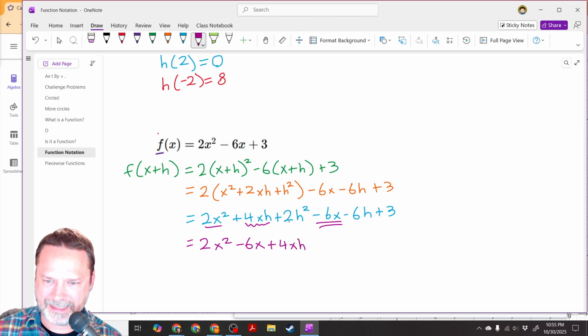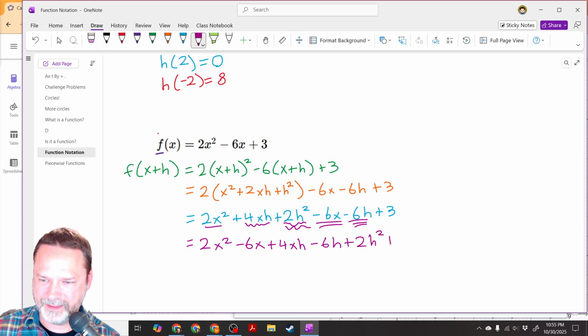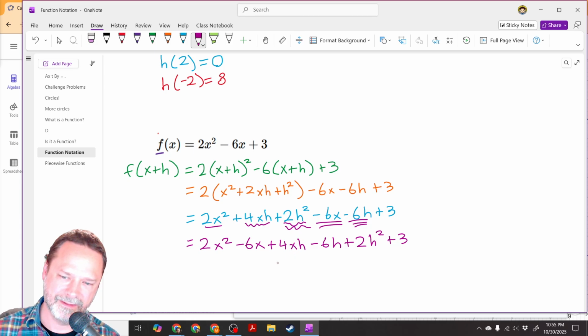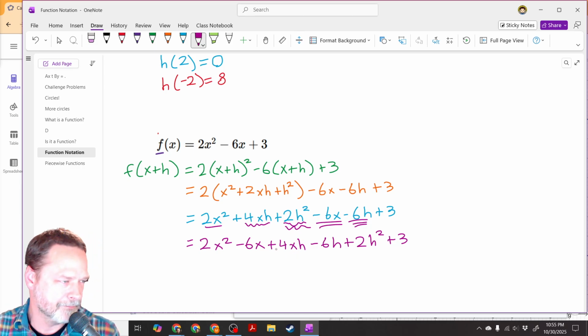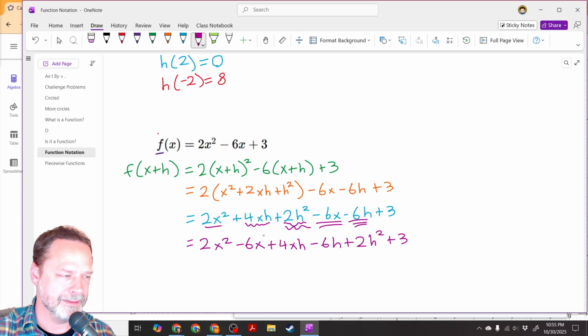Actually, I don't see any like terms, so there's 2h squared. Actually, I'll do the minus 6h first. So minus 6h plus 2h squared, plus 3 is left. That would be it. I'm done. That's kind of ugly, but hey, we did it. Piece of cake.